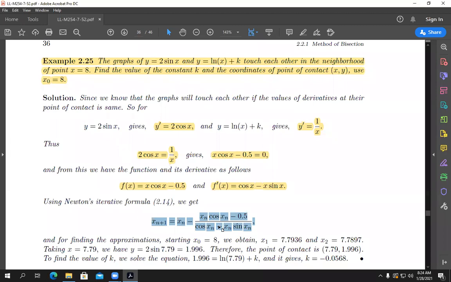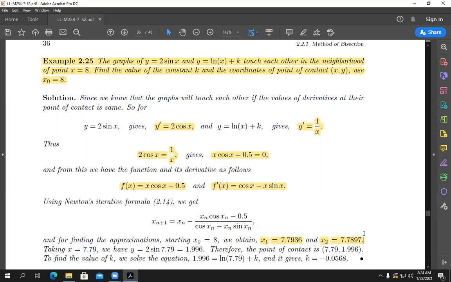So now this is your formula. You have to put n equal to 0 and n equal to 1. Then you have x1 and x2. x1 will be this one, and x2 is the second approximation you have here now.